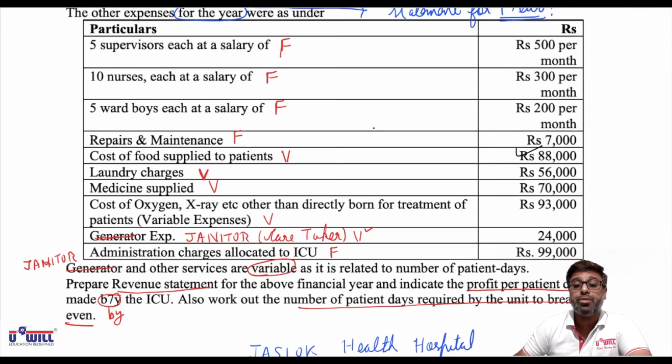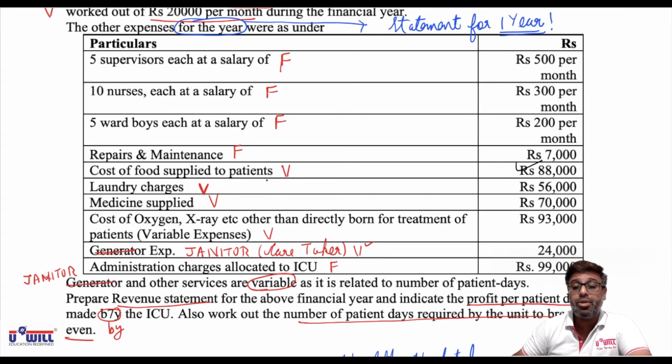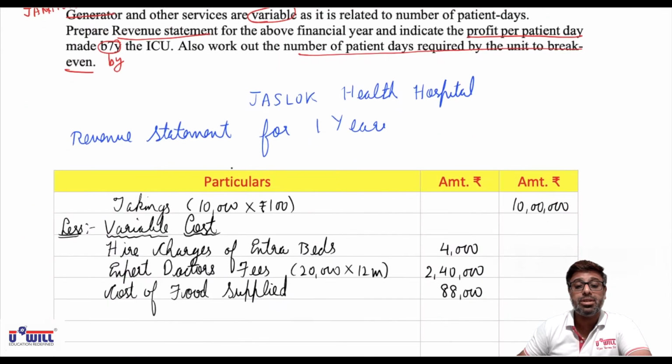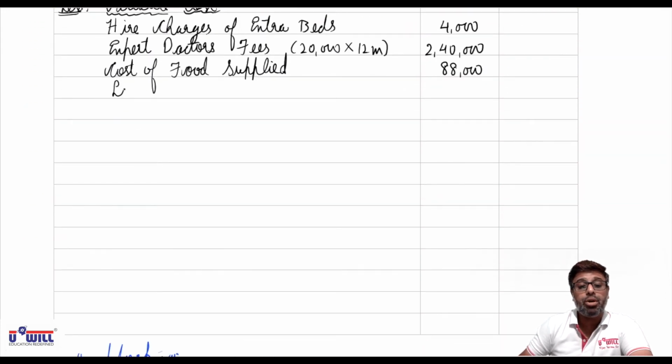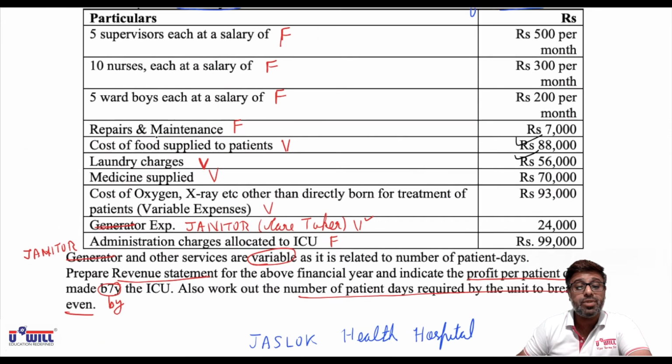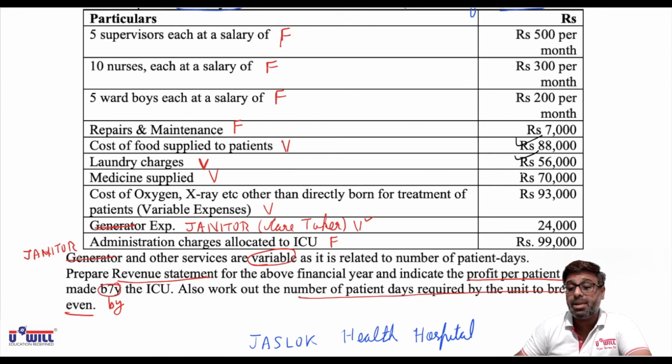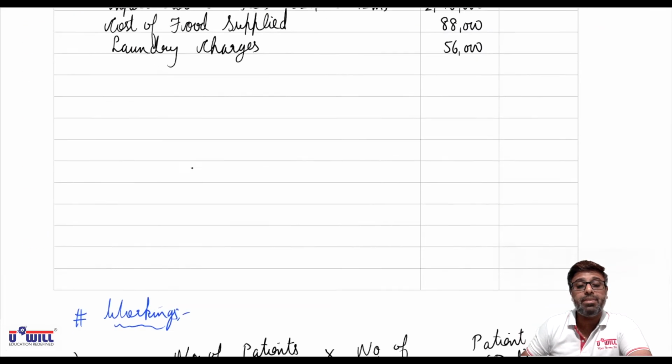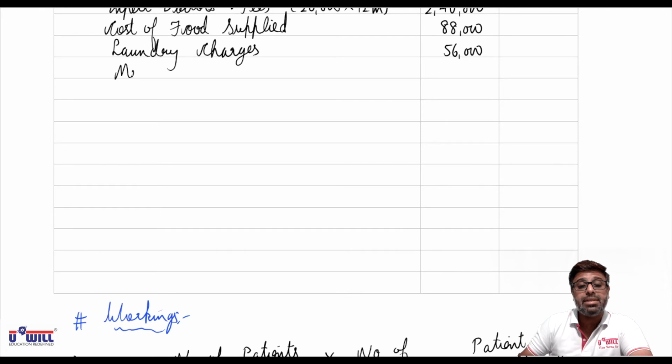Then after cost of food supplied, laundry charges we have 56,000. So laundry charges 56,000, that is again variable. Then after laundry charges, we have medicines supplied 70,000, that is also variable.